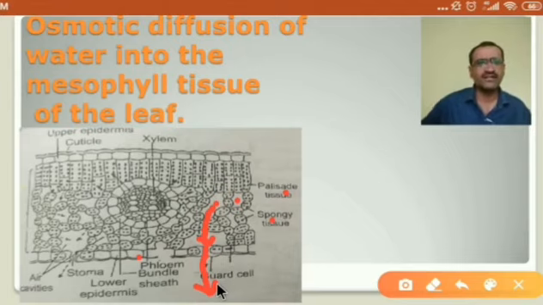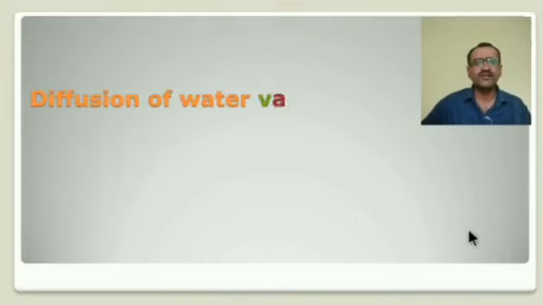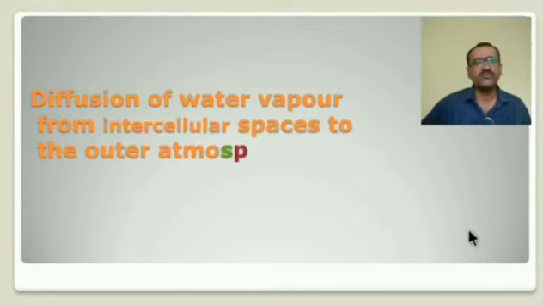How the osmotic pressure develops in the cell is another part; due to that osmotic pressure, the water present in the cell comes out of the cell. Next is the diffusion of water vapor from intercellular spaces to the outer atmosphere through the stomata.